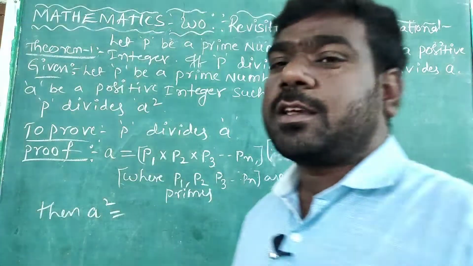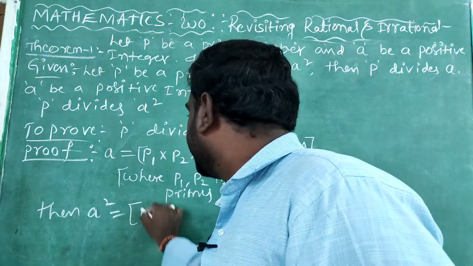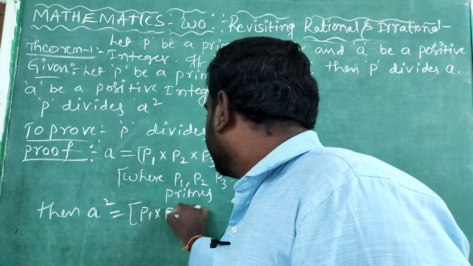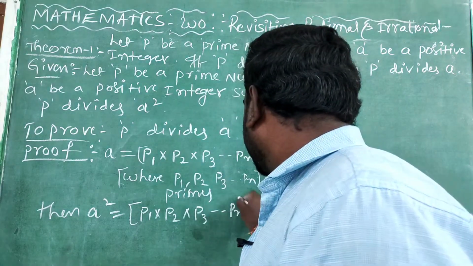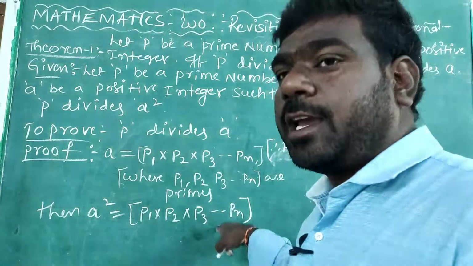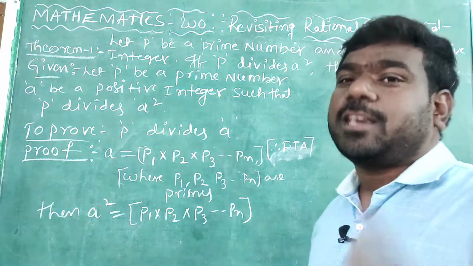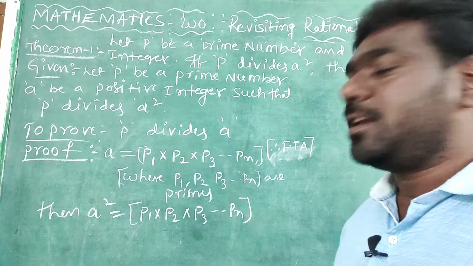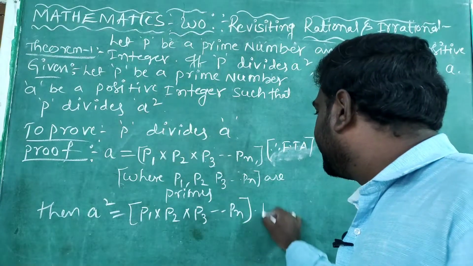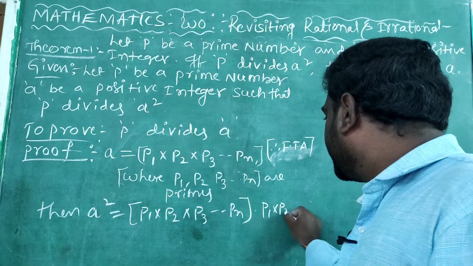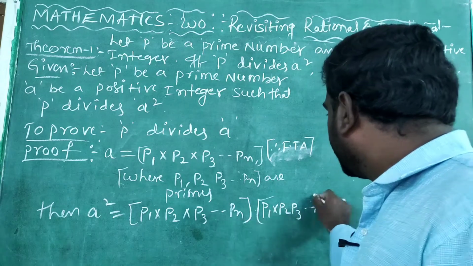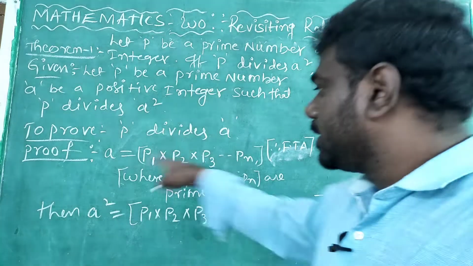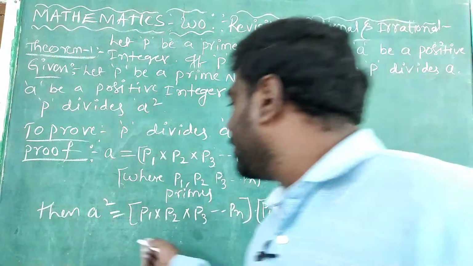So A square, how can I write here? A is P1 into P2 into P3 and so on Pn. It is for A value. Again multiply with the same and you will get A square. A into A is nothing but A square. So again P1 into P2 into P3 and so on Pn. What are you going to get now?